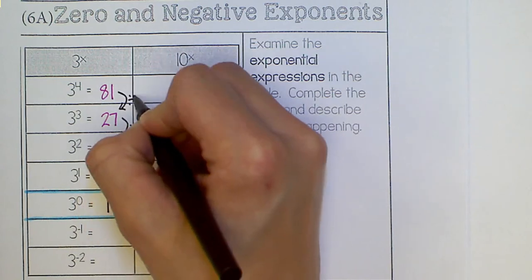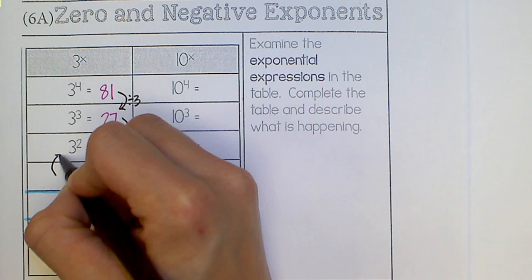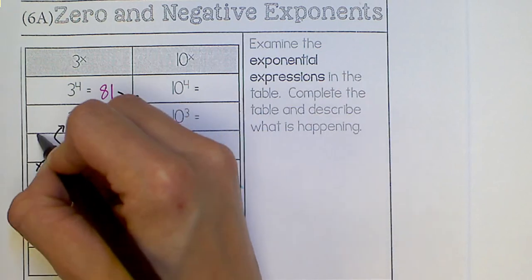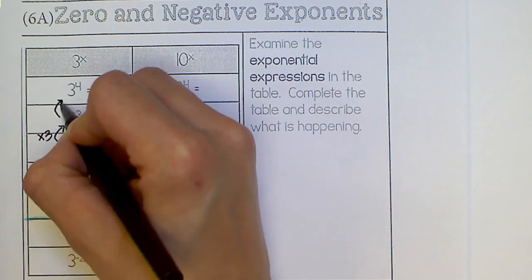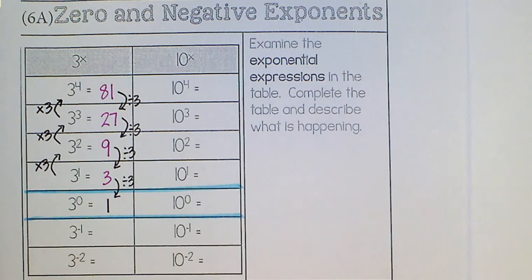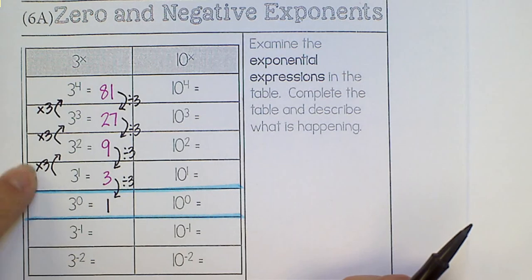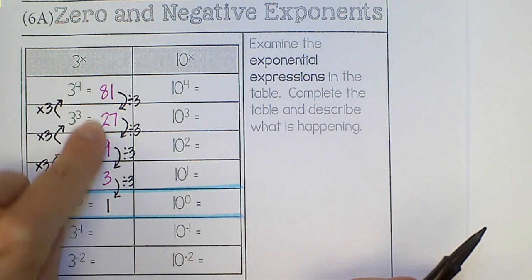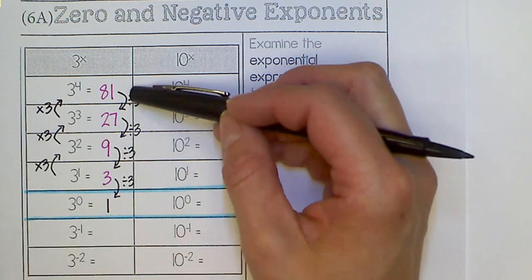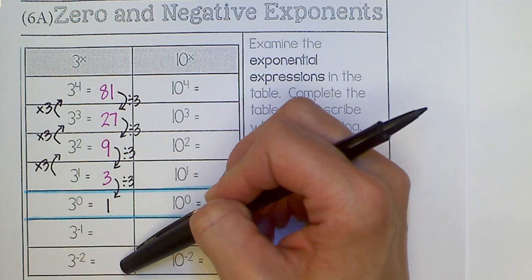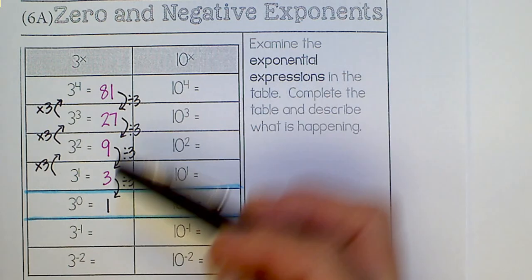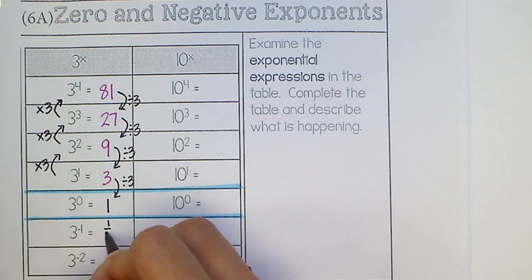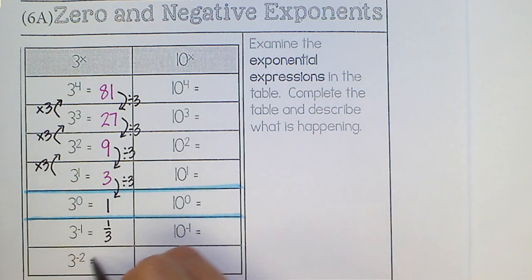When we went this way, we did times 3. Now you don't have to write this down every time, but because this is in your notes, it might be helpful so that you remember, when I went up, I would multiply times 3 times 3 times 3, but to reverse the pattern, to figure out the prior answers, I need to divide. 1 divided by 3 is 1/3. 1/3 divided by 3 is 1/9.